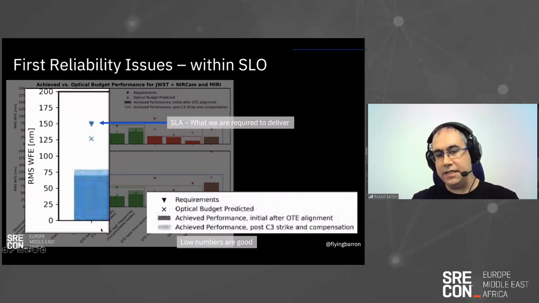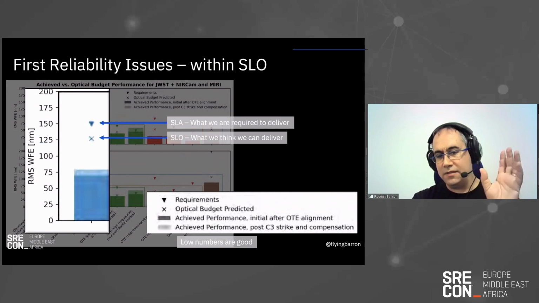This is what the engineers promised the scientists, that they would deliver a telescope which is accurate to 150 nanometers. This is the SLO. This is what they actually set out to design to create, at least 125 nanometers.